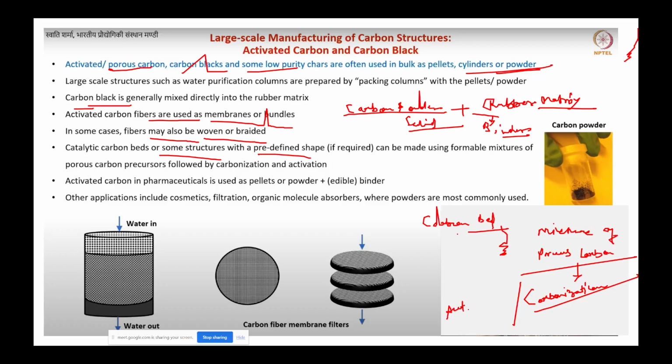You already know what carbonization is and what activation is, which we have dealt with in our earlier lectures. So after this process, activated carbon in pharmaceuticals is used as pellets or pellets plus binder. Okay, so even in pharmaceuticals, this activated carbon can also be in the form of powder and you have to mix this with a binder, then only will you get some structure.